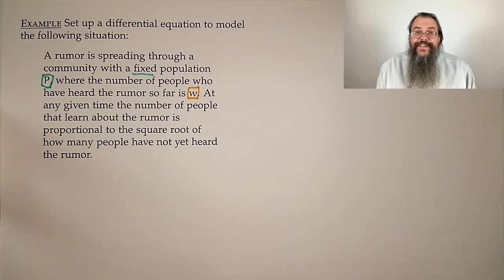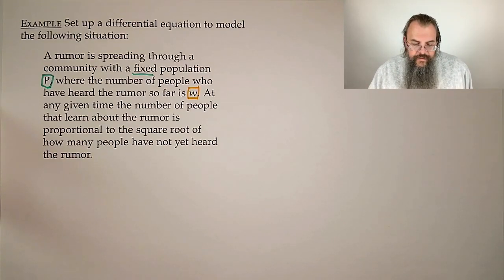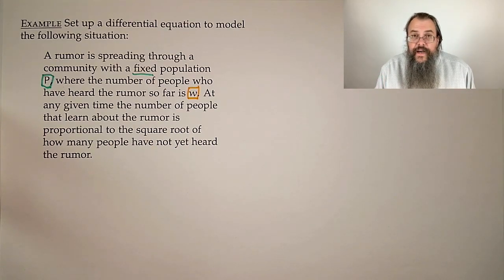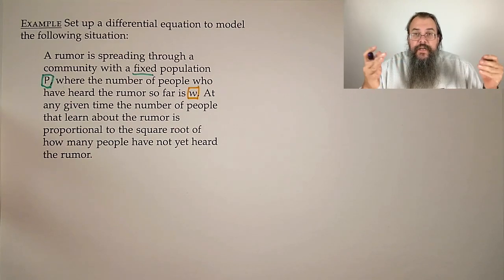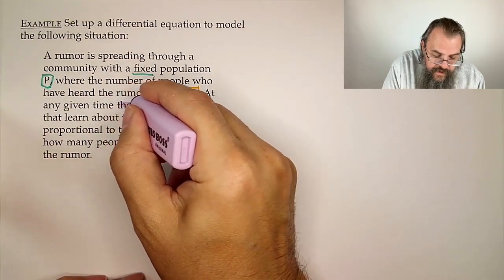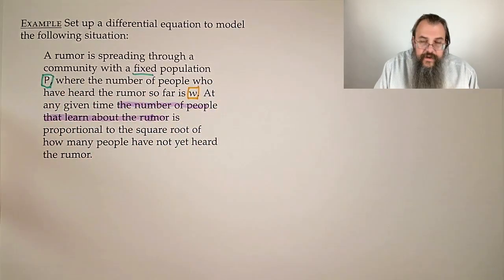Okay, so now the next sentence is really an equation, and we just got to figure out what all the parts translate into. So let's begin. All right, so at any given time, so we're just saying, okay, what's happening in one moment? We have the number of people that learn about the rumor. All right, good.